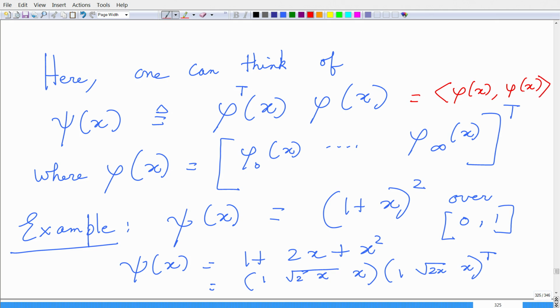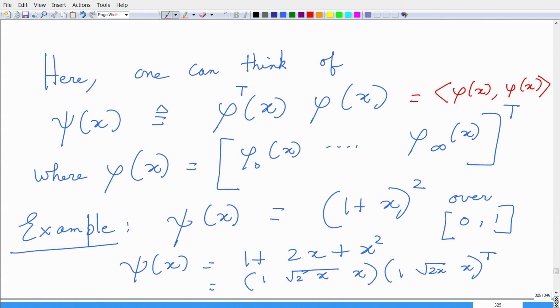It is basically the induced self norm of a vector phi of x, where phi of x is given by phi naught of x so on till phi infinity of x. It can be an infinite dimensional vector.